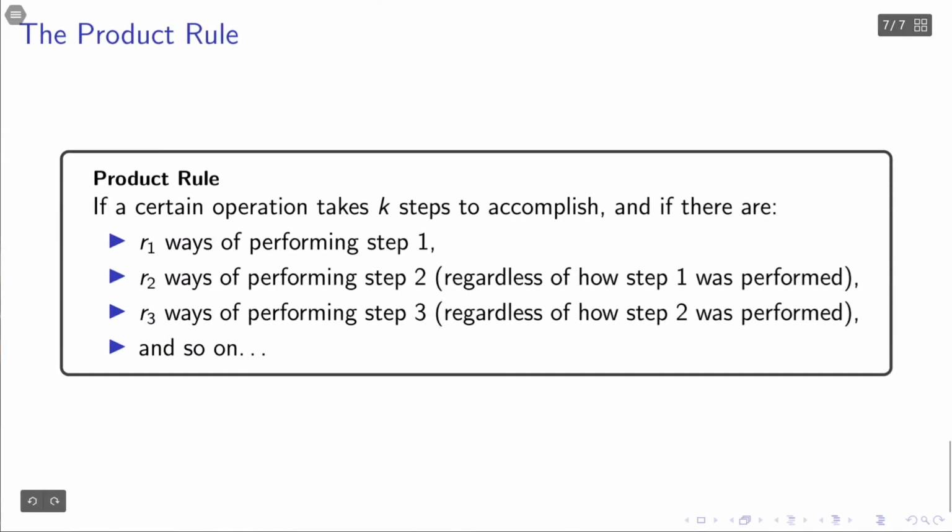And in full generality, here's what the product rule statement is. If you have a certain operation that takes k steps to accomplish, and if there are r sub 1 ways of performing the first step, r sub 2 ways of performing the second step, and this is important, regardless of how step 1 was performed, r sub 3 ways of performing step 3 regardless of how step 2 was performed, and so on, then how many ways can we complete the operation? It is r1 times r2 times r3 all the way to rk.